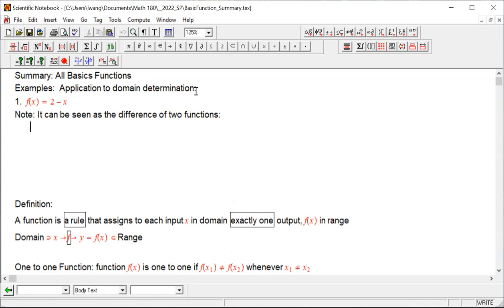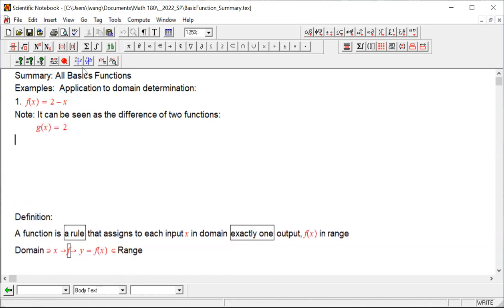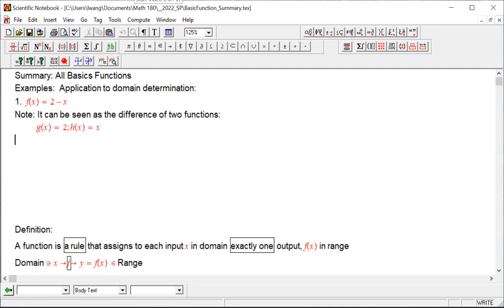What are these two functions? I can see this one function as g function, which is 2, a constant function, and another function is h function, which equals x, and f of x is just equal to g function minus h function.